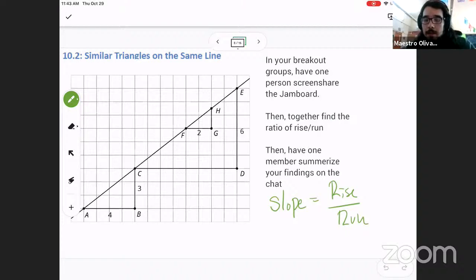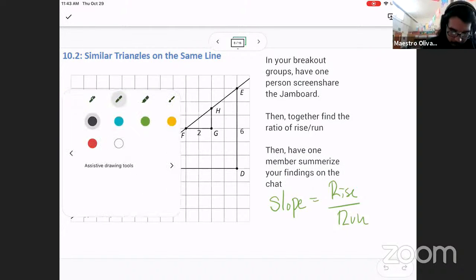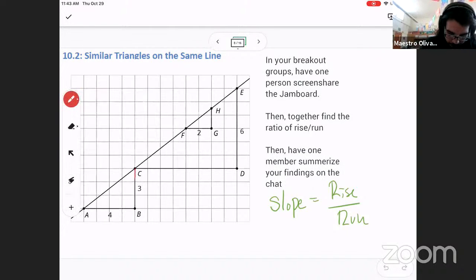Okay, Emily, I sent you to your group, okay? So what we're doing right now is we're gonna find the slopes for these three triangles, okay? So let's look at the first one. Let's see who's in this group right now.